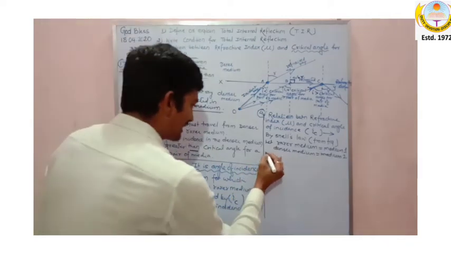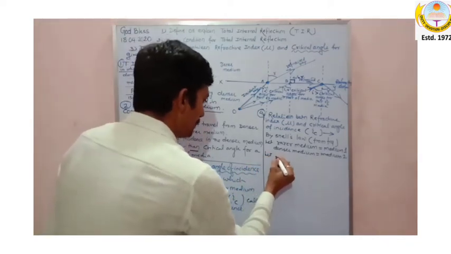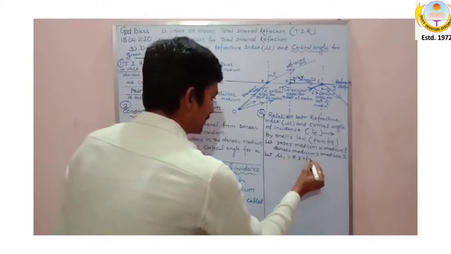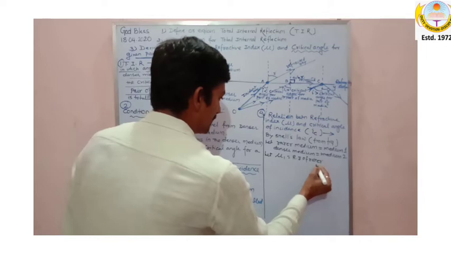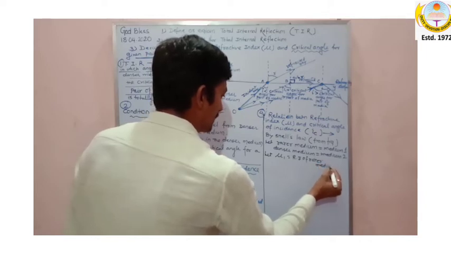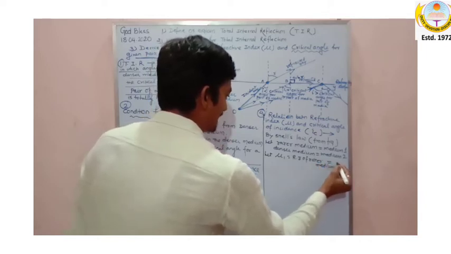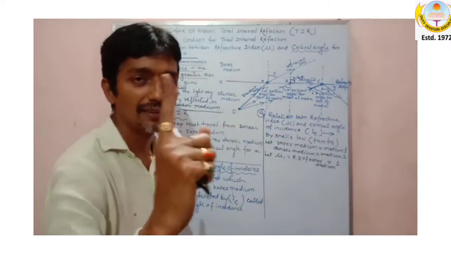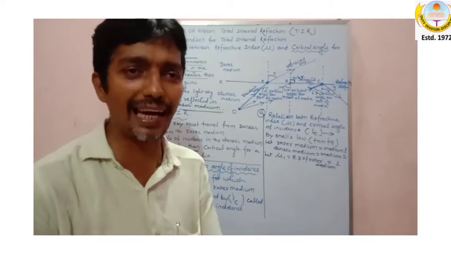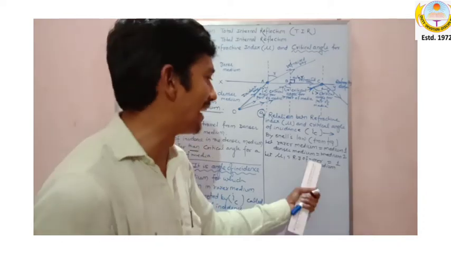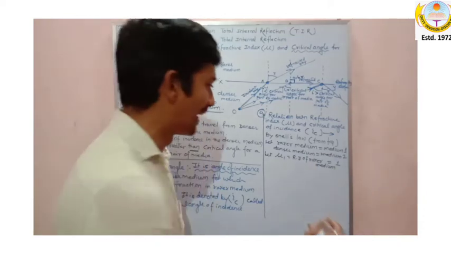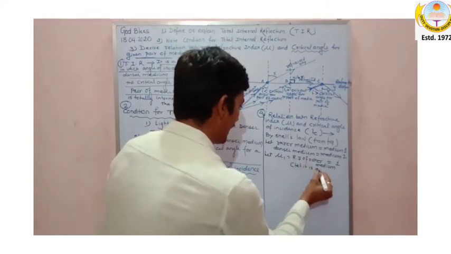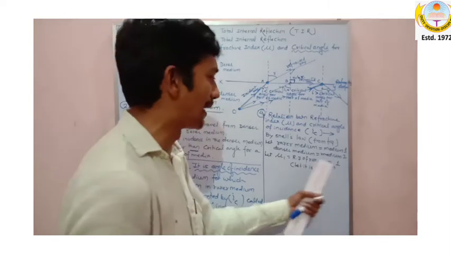Second thing, let mu 1 be the RI of rarer medium, which is taken as 1. I have taken it as 1 because rarer is lighter. Let it be air, so 100% it is 1.